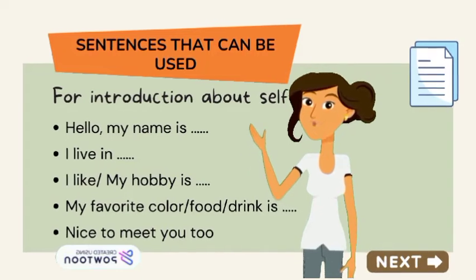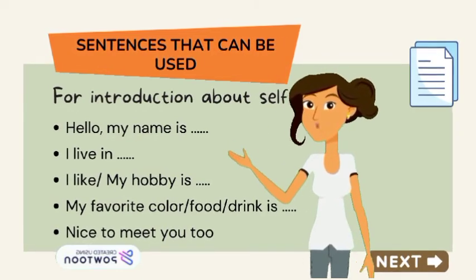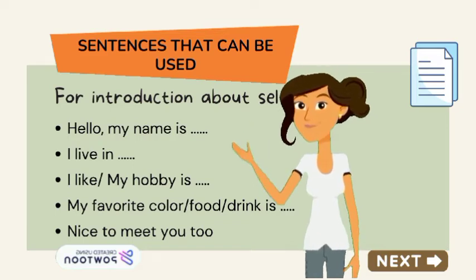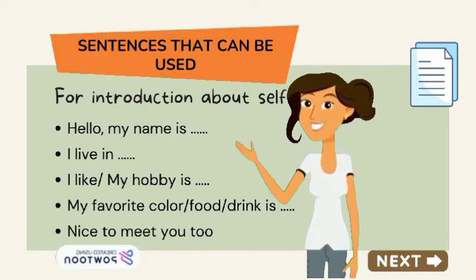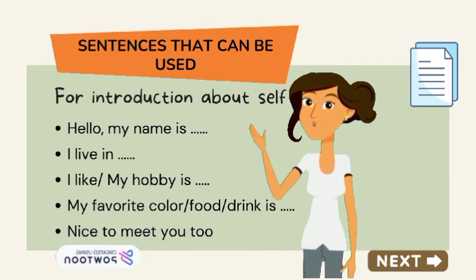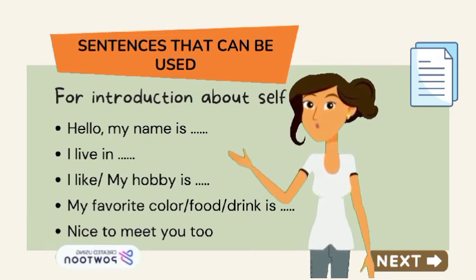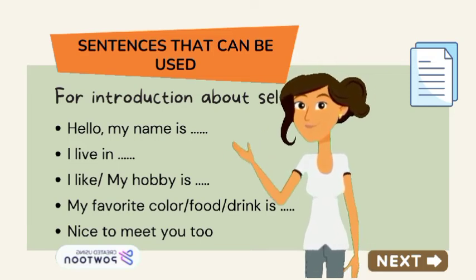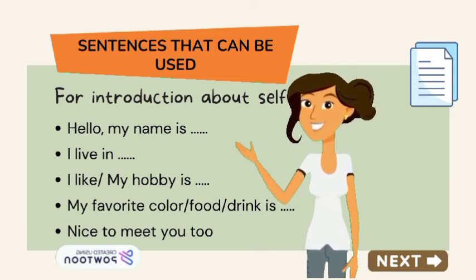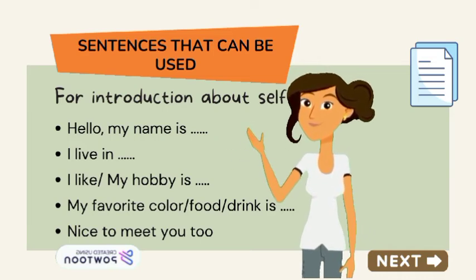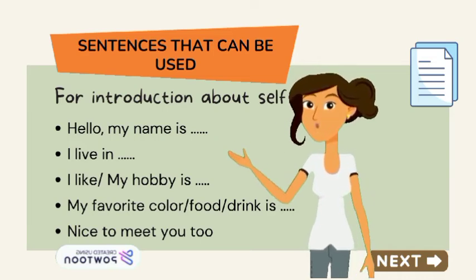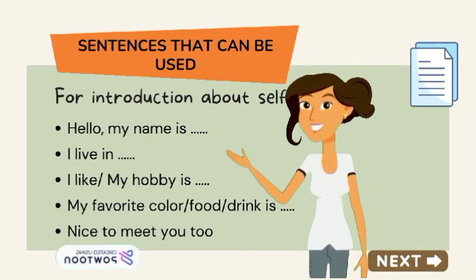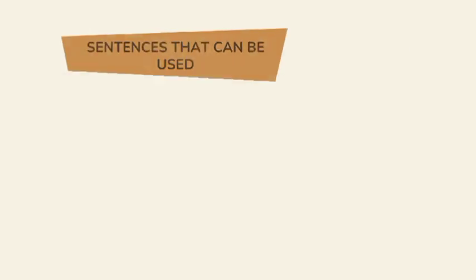Okay, the sentences that can be used for introduction about self: hello, my name is blah blah blah, and I live in blah blah blah, or my hobby is blah blah blah, and my favorite color, food, or drink is blah blah blah, and the last part, you can use a greeting like nice to meet you too, or another.